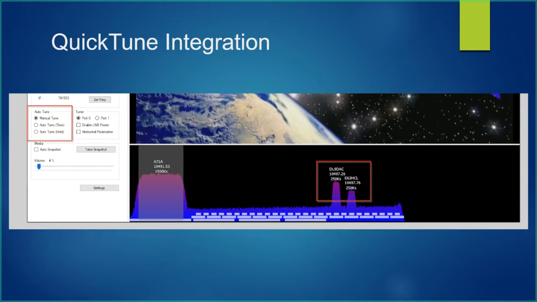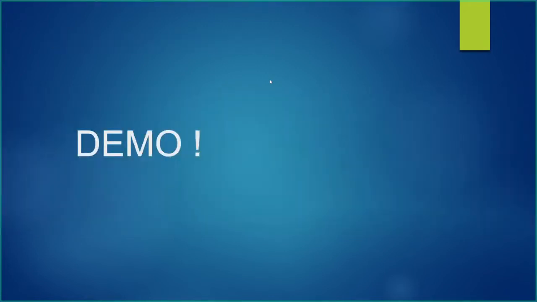It shows the frequency and the symbol rate that they're transmitting on. So if we wanted to view those streams, all we have to do is double click on the signal peak, click monitor, and it will automatically send the information to the Longmint server and then tune from there. So it makes things quite a lot easier instead of having to put in manual frequencies and such.